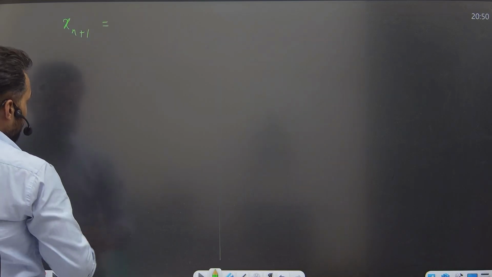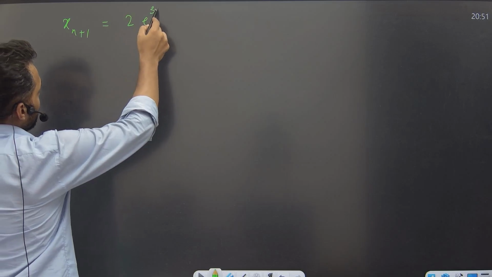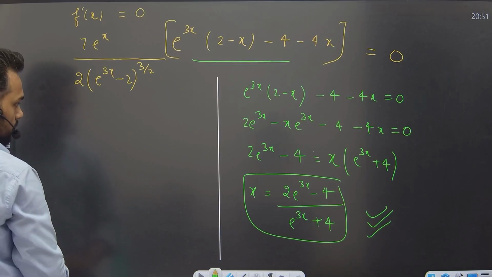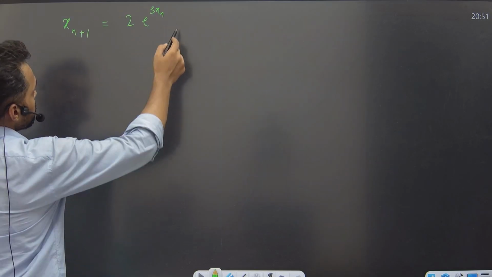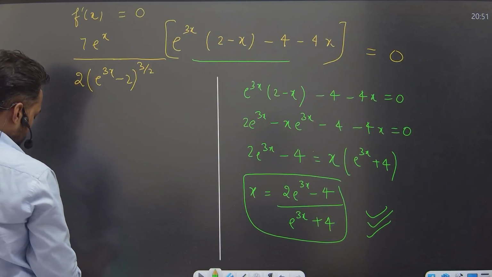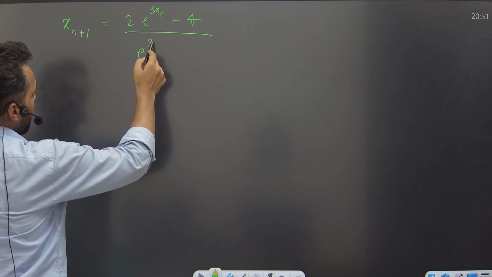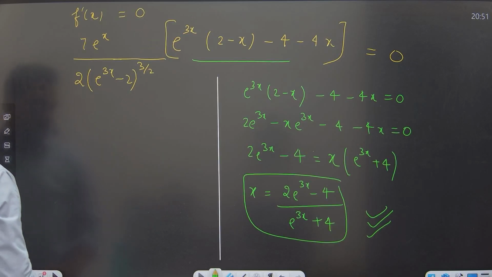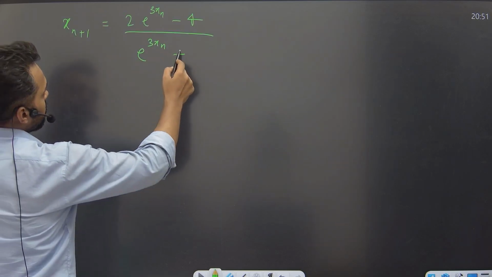See, x(n+1) is equal to, it is given in the question, student, 2e^(3xn) minus 4 upon e^(3xn) plus 4.